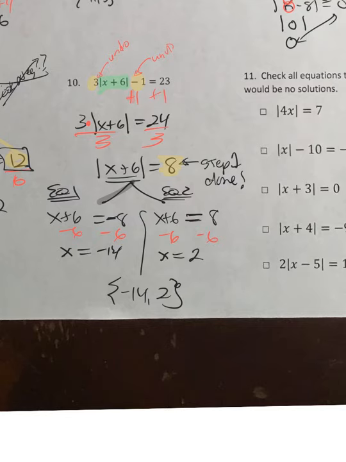Some students will have the absolute values here in this step, and that's wrong. Notice I didn't put the absolute values there because we're not talking about the absolute value, because the absolute value cannot be negative. We're specifically saying what's inside. What's inside the absolute values could be -8 or +8.